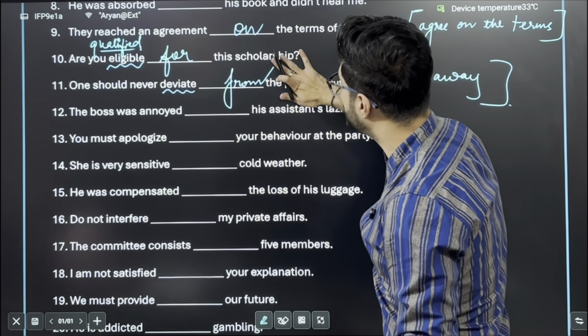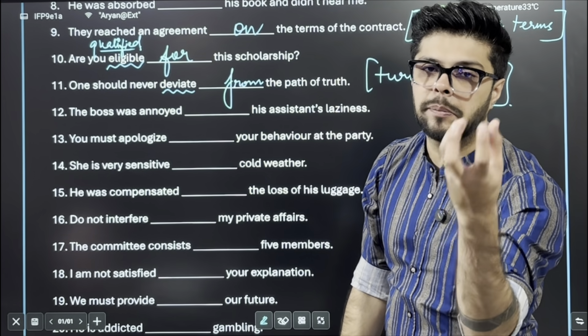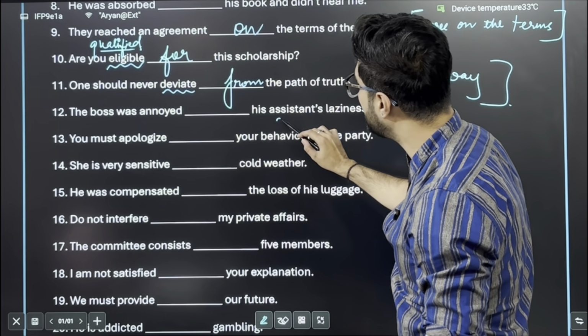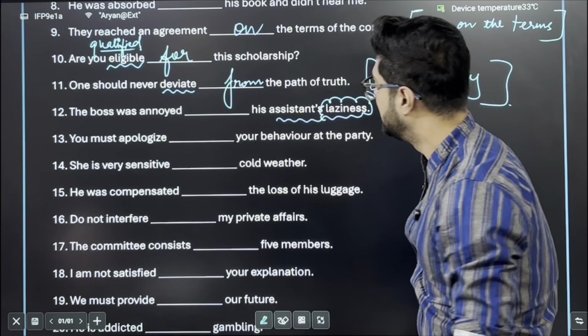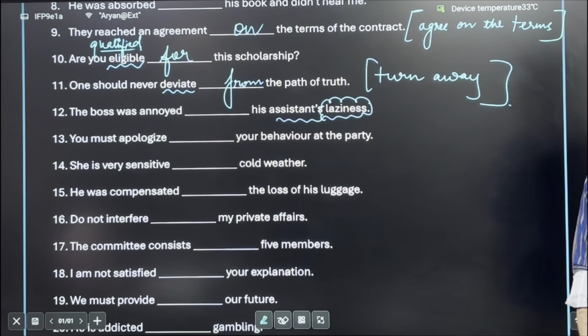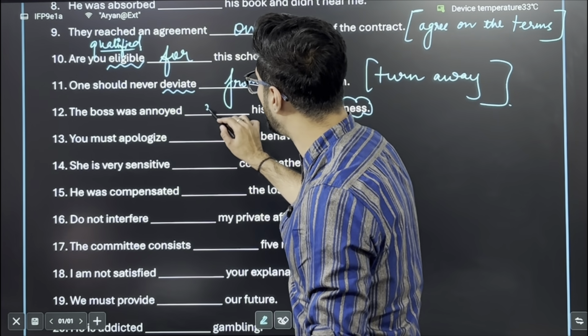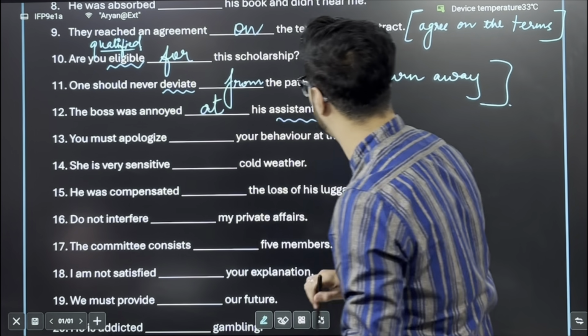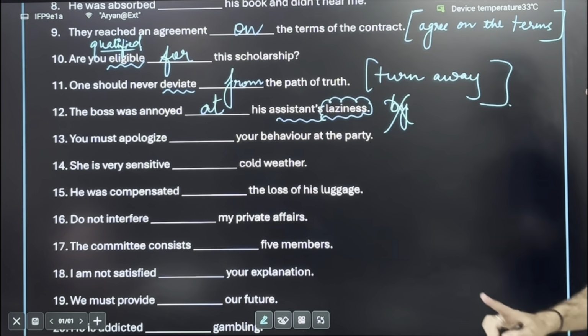The boss was annoyed. Now see, you are always annoyed or irritated by a person, but here the assistant's laziness is the context. Although he is annoyed by the assistant, it is primarily by his laziness. So the boss was annoyed at his assistant's laziness will be your correct answer and not by. By is not acceptable over here.